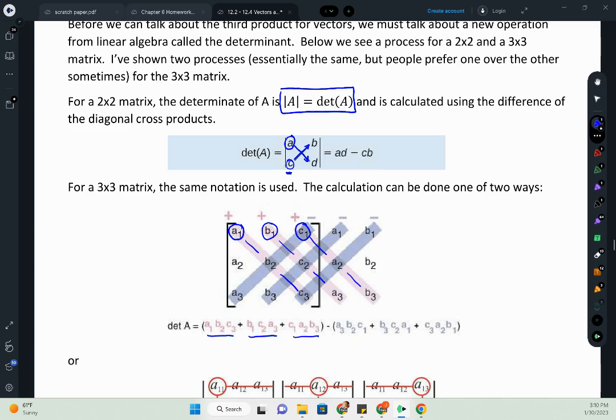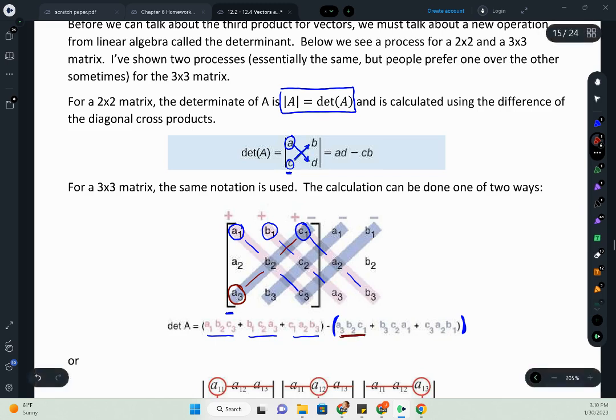Then, and I think different schools of thought do this differently, I typically come down to the bottom left corner and put a minus, and then I put some parentheses around what I'm going to do next. I start at the bottom left corner and go up in a diagonal and get a product, A3 times B2 times C1.